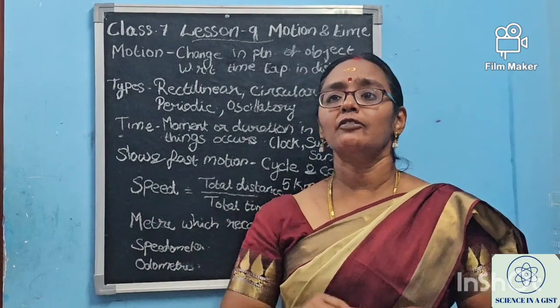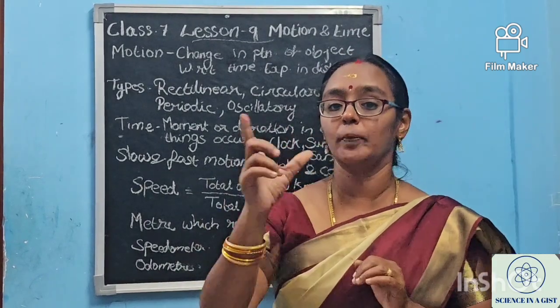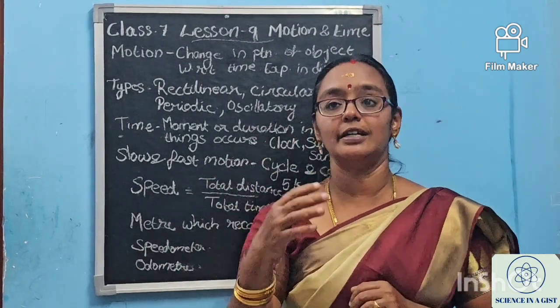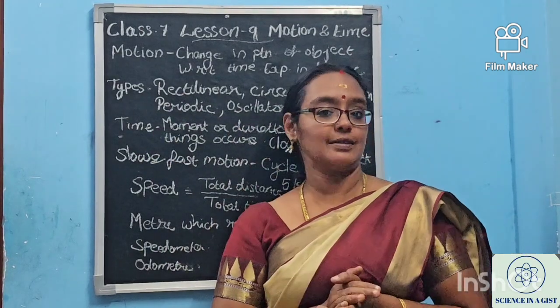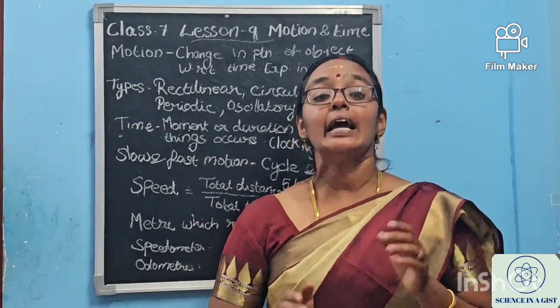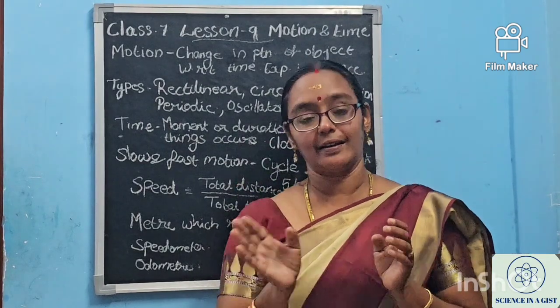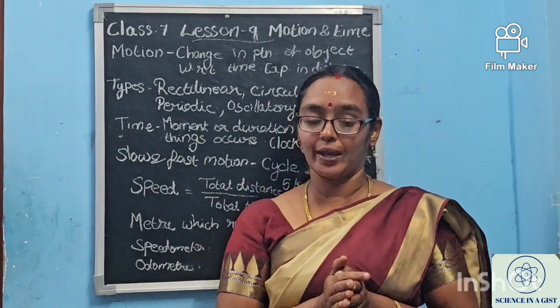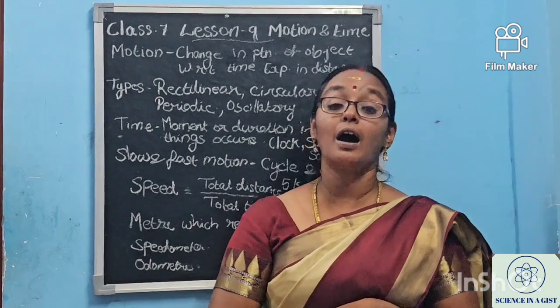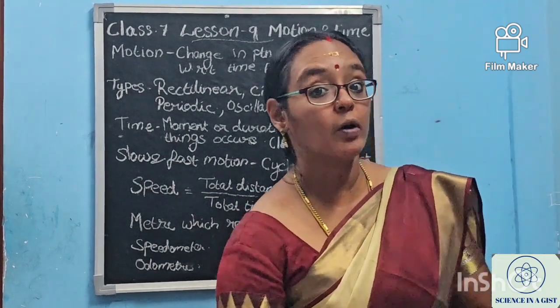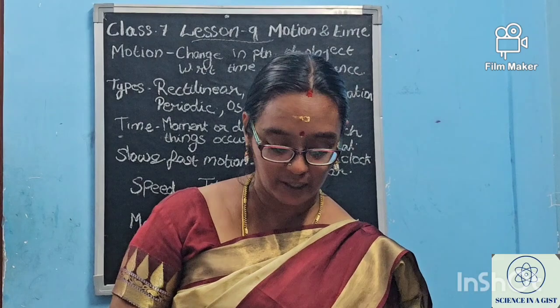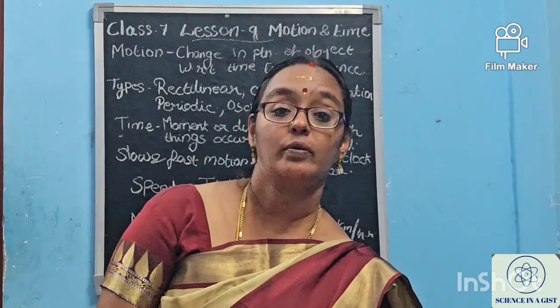Take the same thing, but I have changed the distance: 100 kilometers is there to cover, and a car and a bike are the two racers. Within 1 hour, the car reached 100 kilometers, but the bike took 2 hours.